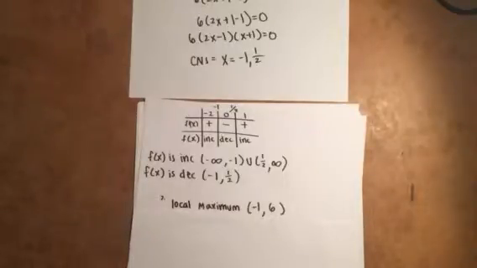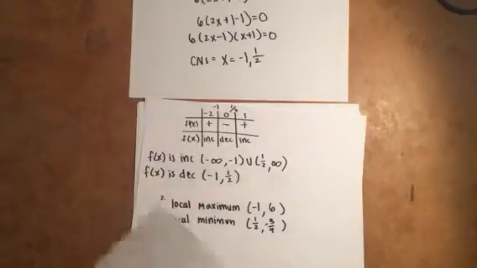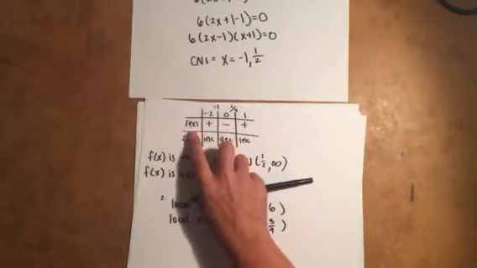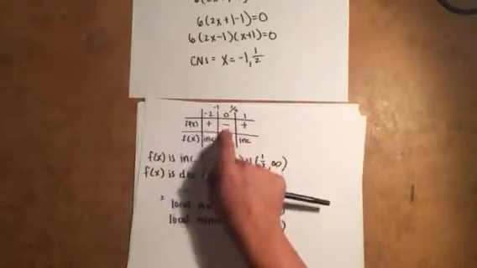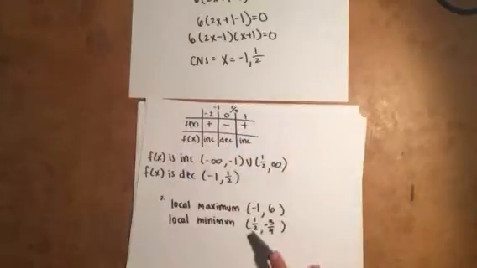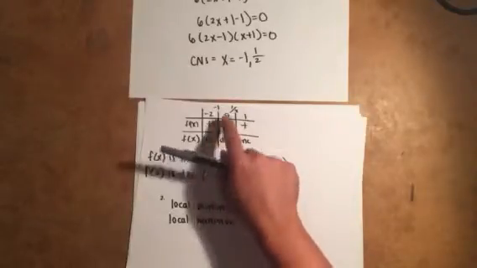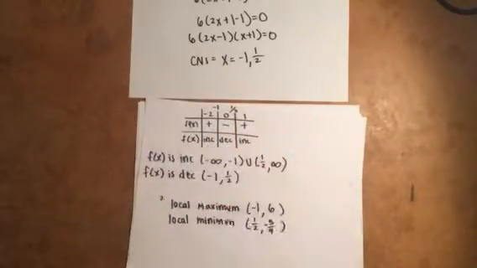There's a local maximum at (-1, 6) and a local minimum at (1/2, -3/4), because at -1 there's a sign change in the first derivative. It goes from positive to negative. There's a local minimum at 1/2 because there's another sign change at 1/2 where it goes from negative to positive.